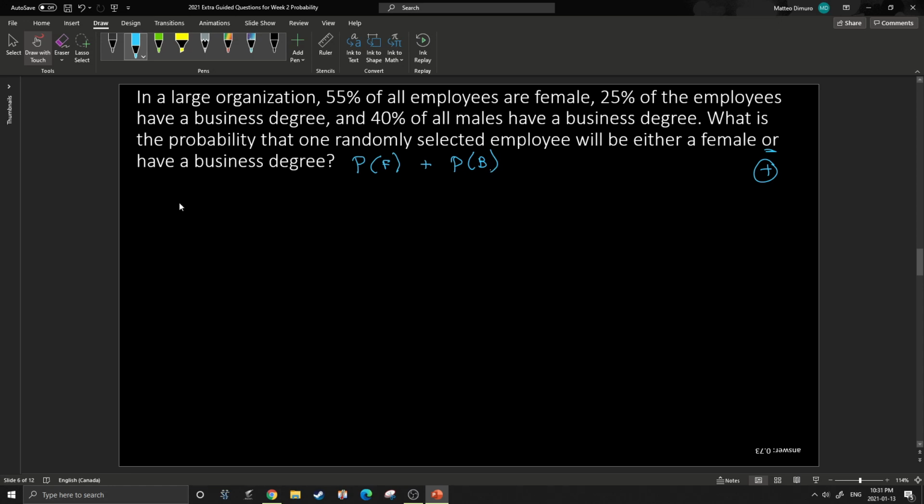Now, this question could be quite hard, maybe without a table. Of course, you could use the formula from our formula sheet and figure it out maybe, but I think when I look at this one, I'm like, I really just want to make a table. It doesn't look like there's a lot of info here, but we basically have female and male and business and no business, right?